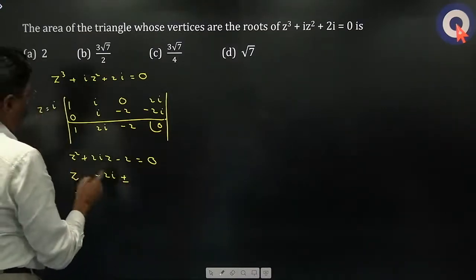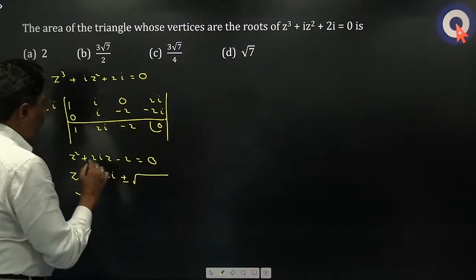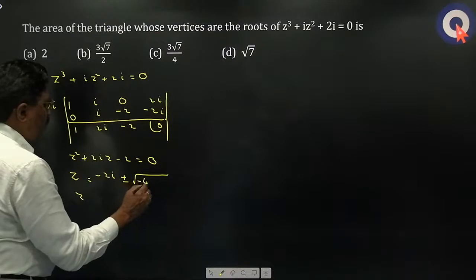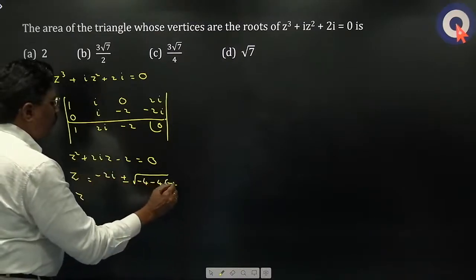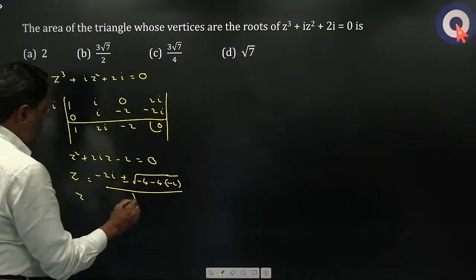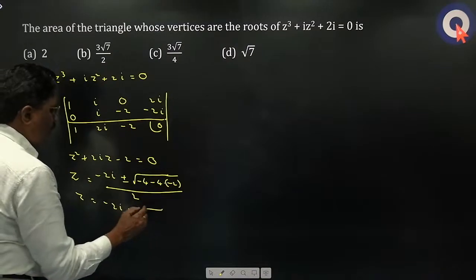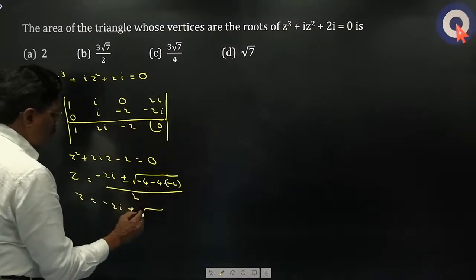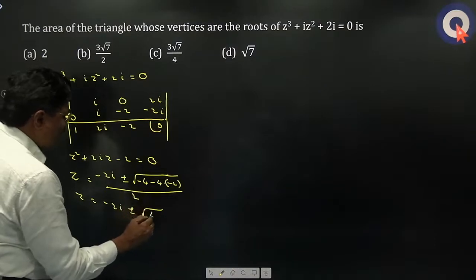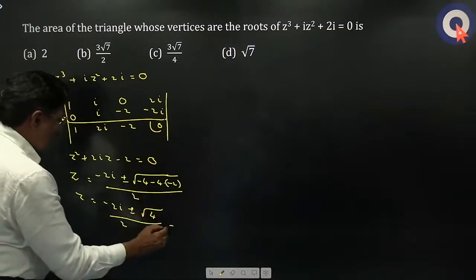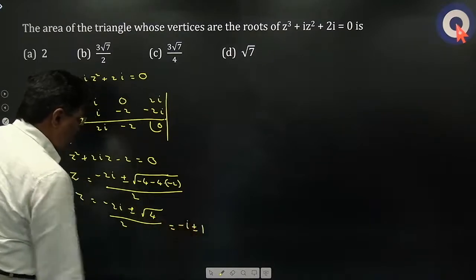So minus 2i plus or minus root of b square, which is 4i square, which is minus 4, minus 4ac, which is minus 4 times minus 2, by 2a. So this is minus 2i plus or minus root of 8 minus 4. You get 4 here by 2. All right.